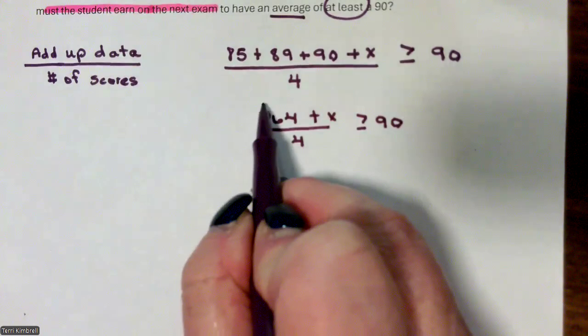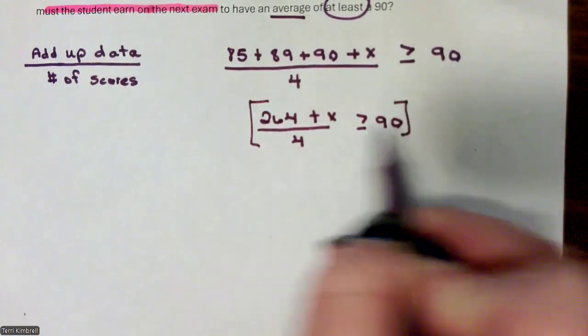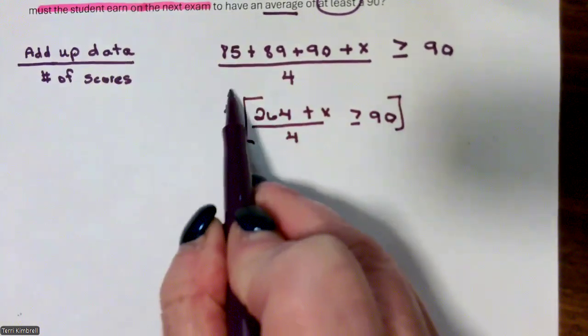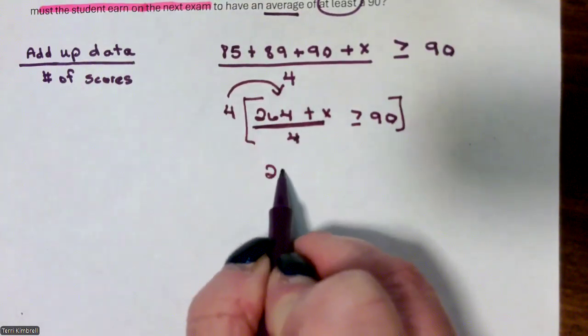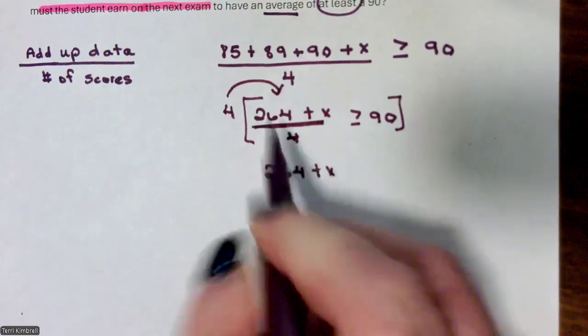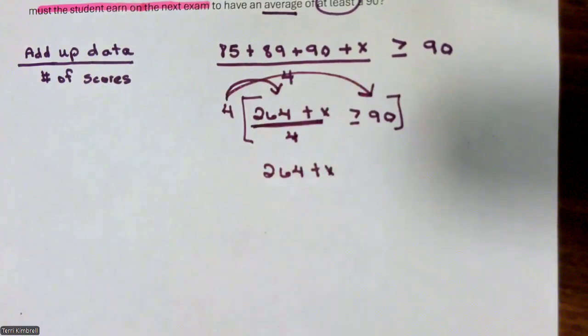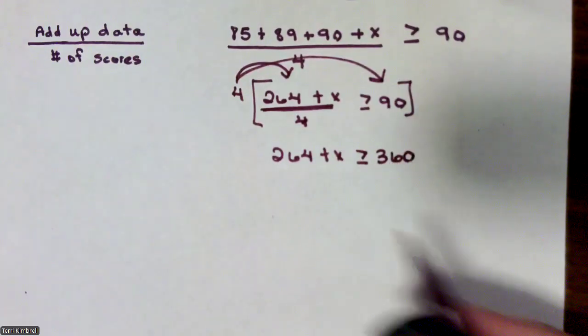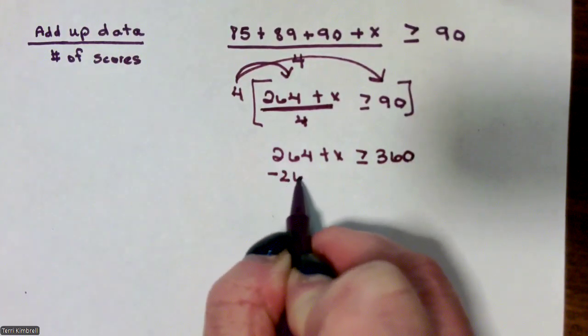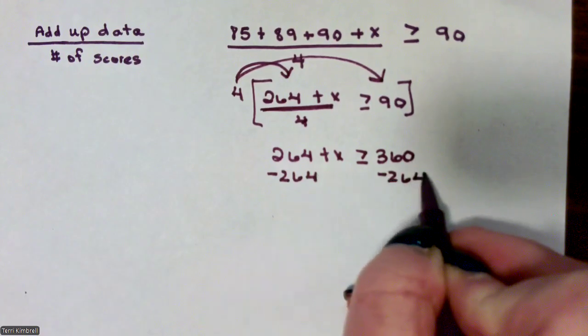Now I'm going to get rid of dividing by 4, so I'm going to times by 4. So when I distribute to this part right here, those 4s are going to cancel. And then I'm going to do 4 times 90, which is going to be 360. And then I subtract 264.